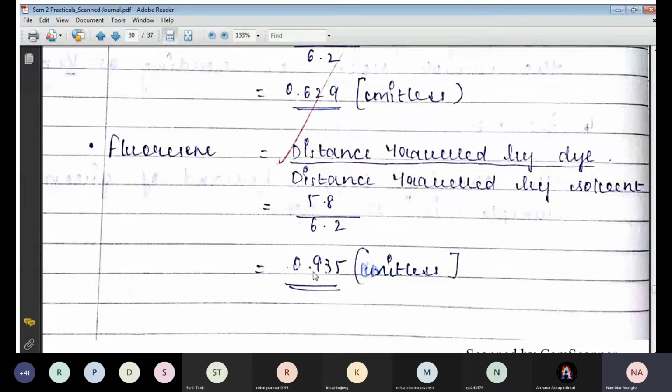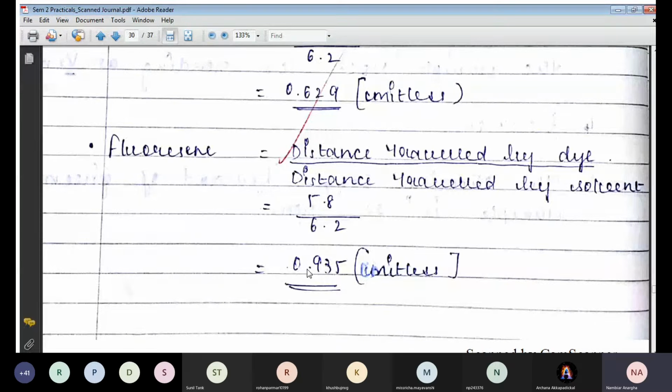Because you people already know that you are being given rhodamine B or fluorescein. However, if it is not known to you which component is given to you, and you just have two standards, you spot them, you will have a separation in the mixture, and then we get an RF value. I just know that these are dyes, other than that I don't know which dyes these are. So I'll get the RF value and compare it with the ones given in the literature.